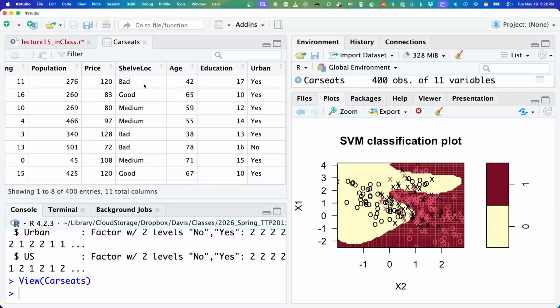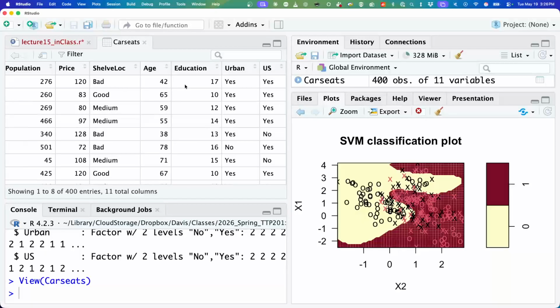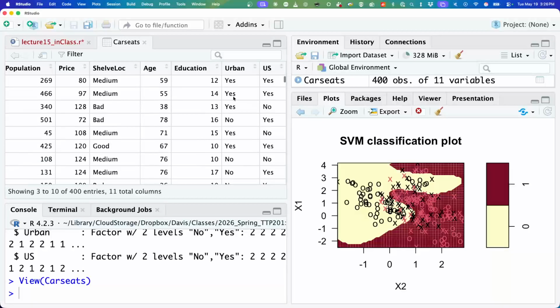They have a classification for its shelf location, whether it was in a good, bad, or medium spot. I think that's the height of the product on the shelf: at eye level, below eye level, or too high to reach. The age, education of the people buying, and so on.